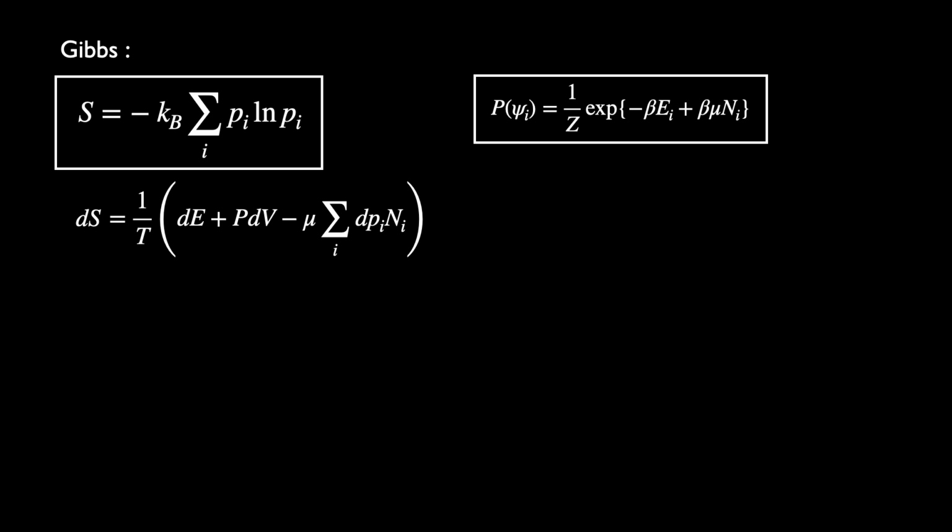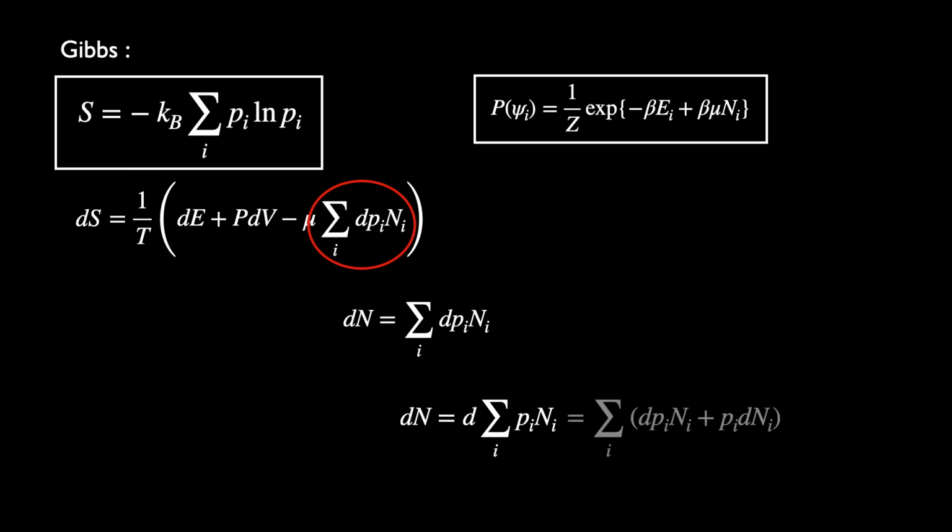We are then left with the last contribution to the change in entropy. This is sum over i dP_i times N_i, which is the change in average particle number N. Note that N can only change through the probabilities, since the particle number of each microstate never changes.